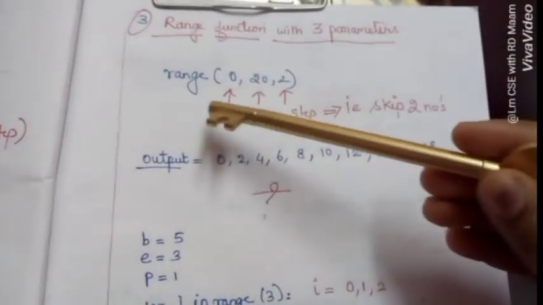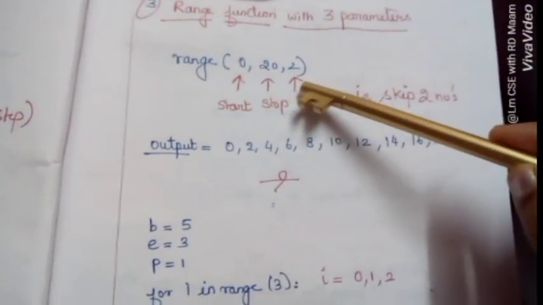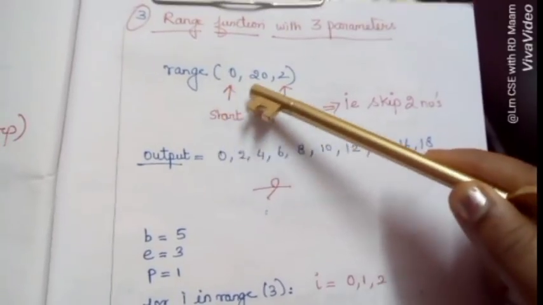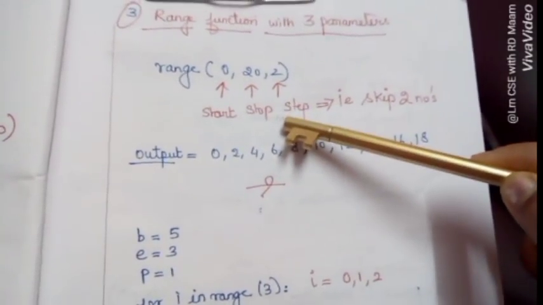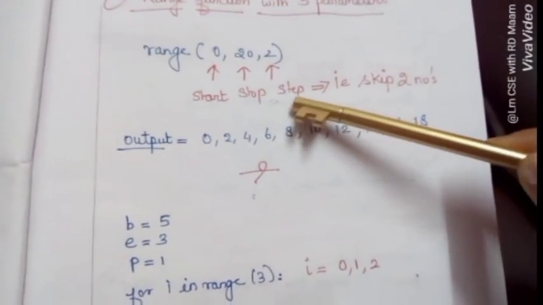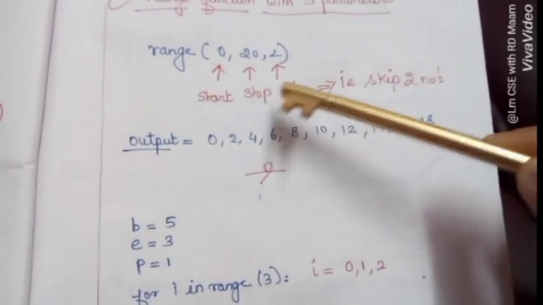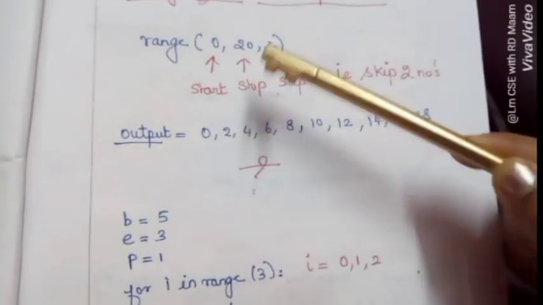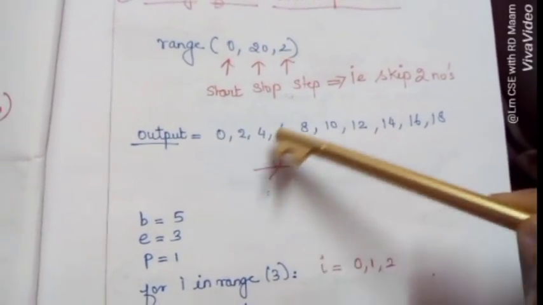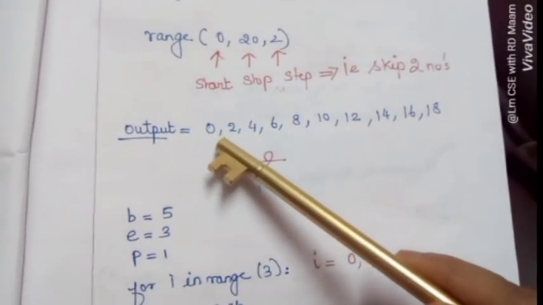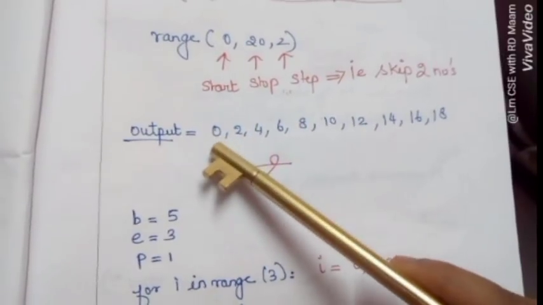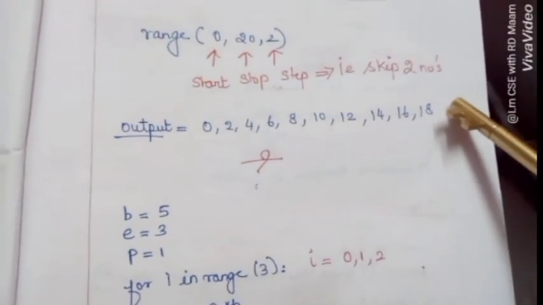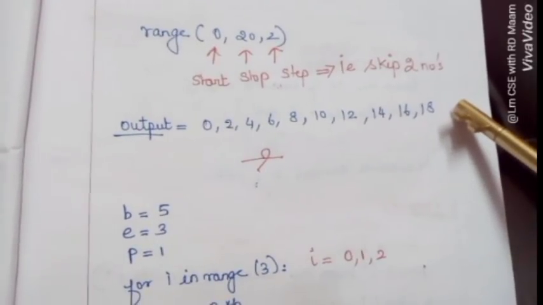What happens if I have three parameters in the range function? As I told before, first value start, second value stop, third value step. Step means it skips by two numbers. Start with 0, skip two numbers till 20 is the meaning of the statement. So every time this value will skip two values till it reaches the stop value 20.